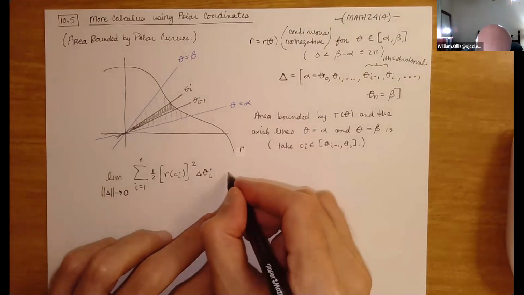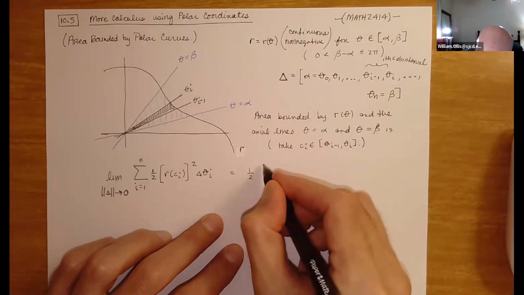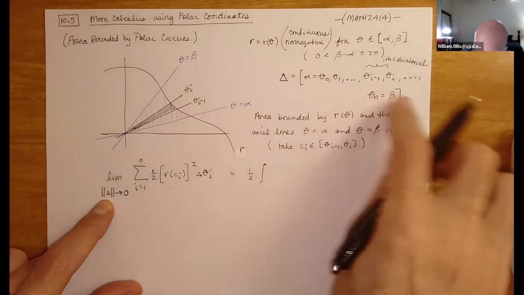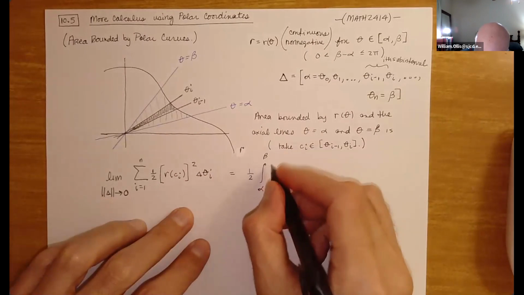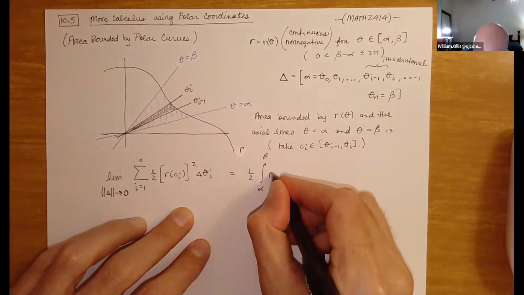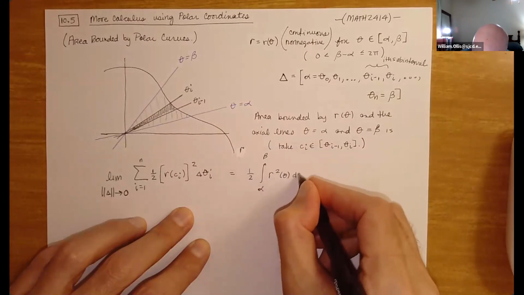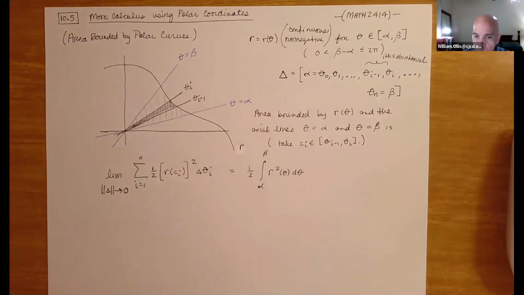This will give us 1/2 times the integral, and of course the partition runs from alpha to beta, so that gives us the limits, of r squared of theta d theta. Now, when you look at this, you're thinking how simple and true, but again, it kind of looks like the arc length formula. You've got a square, but no radical.